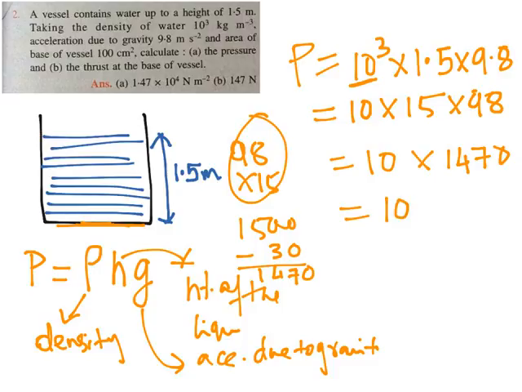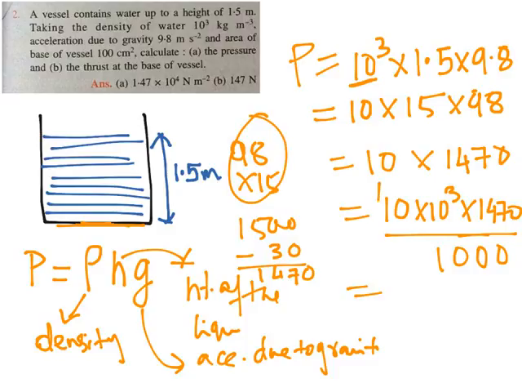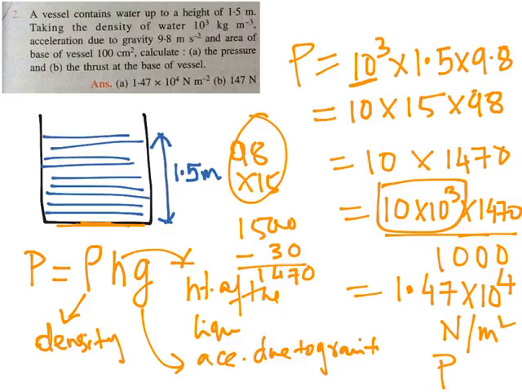So we divide by 1000 and multiply by 10 to the power 3, and we get 1.47 into 10 to the power 4 Newton per meter square, or Pascal.